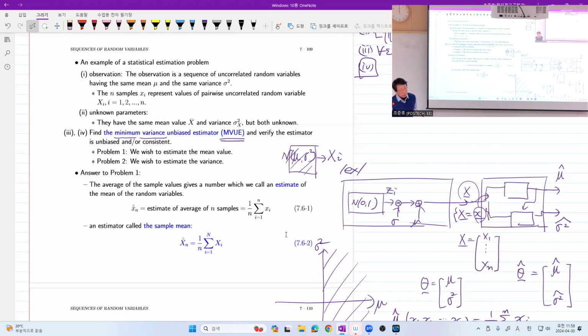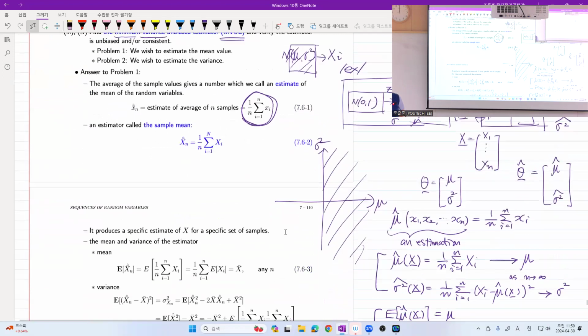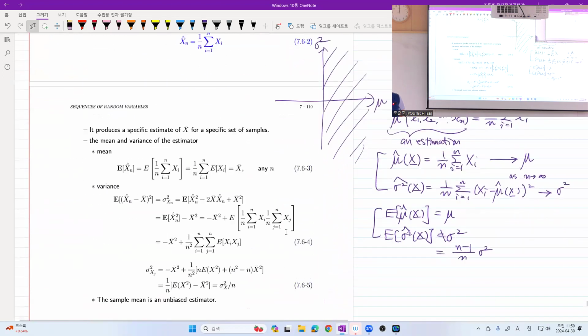Fortunately, you can find that the arithmetic mean estimator is an unbiased estimator for the mean part, and the so-called sample variance estimator is the part of the minimum variance unbiased estimator on the lower side.